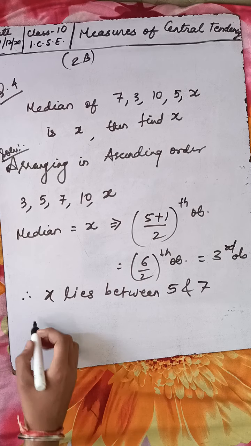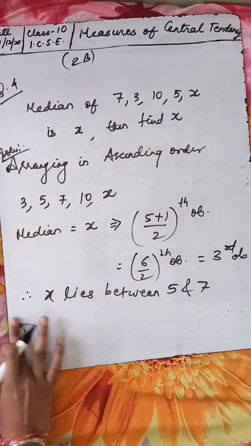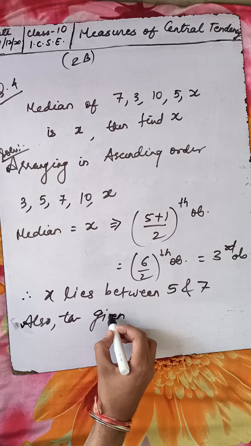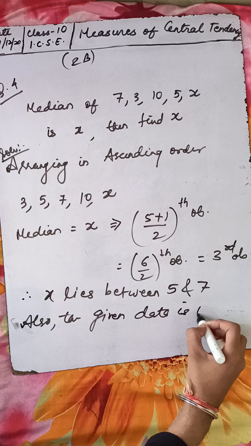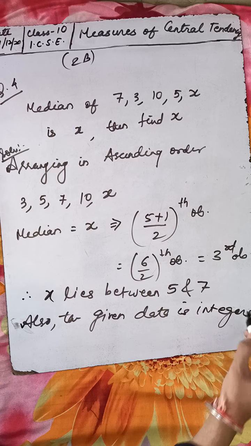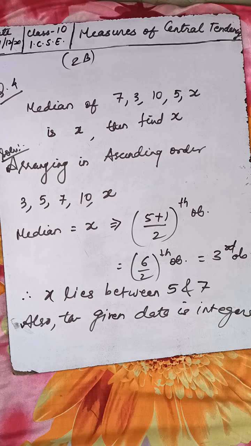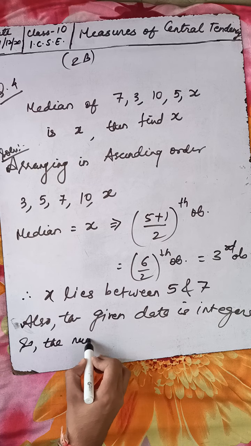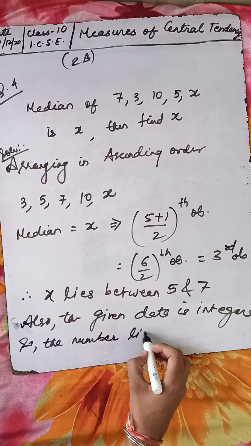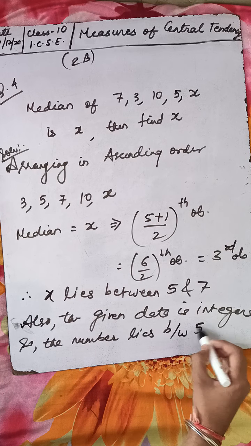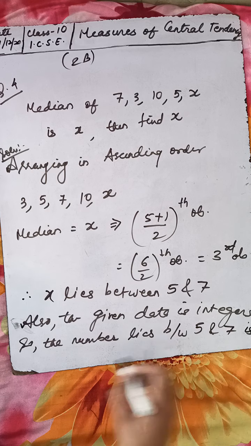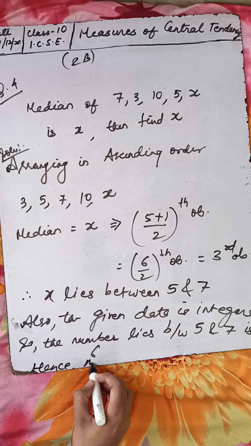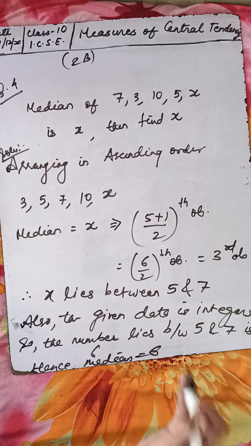Also, the given data is integers, there's no role of decimal or point as it is an integer, so the number that lies between 5 and 7 is 6, hence the median is equal to 6.